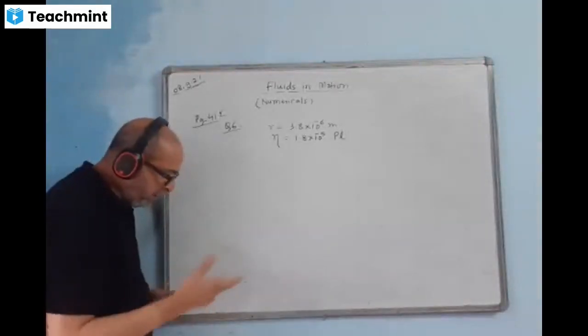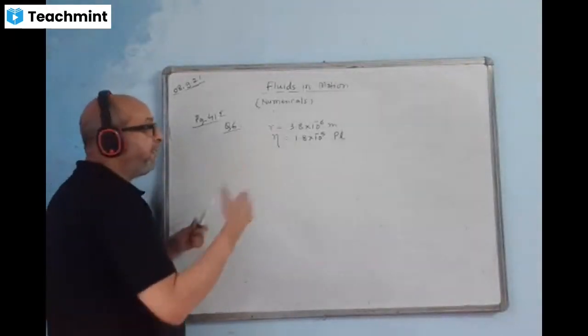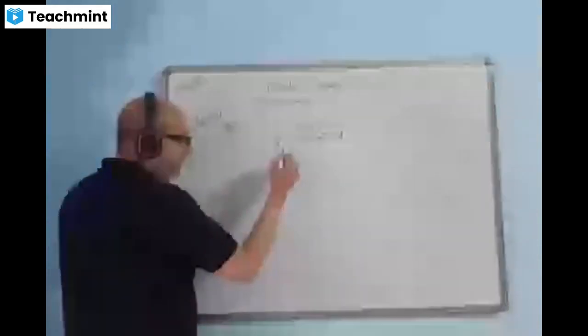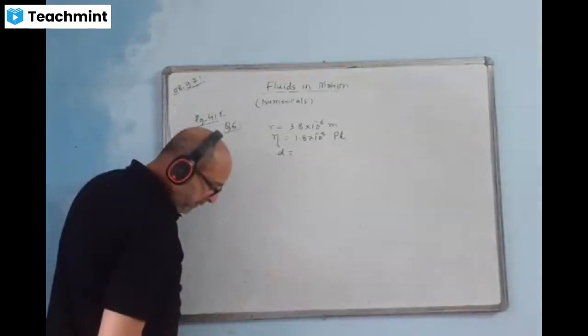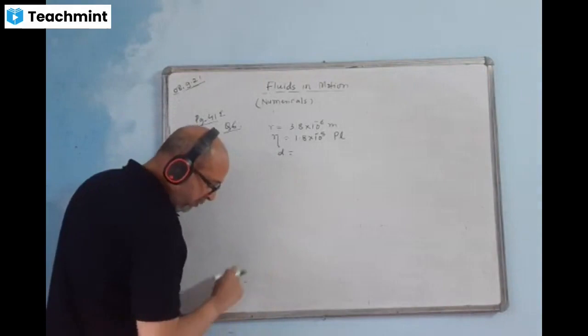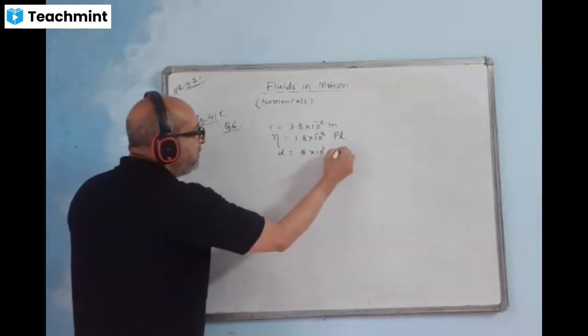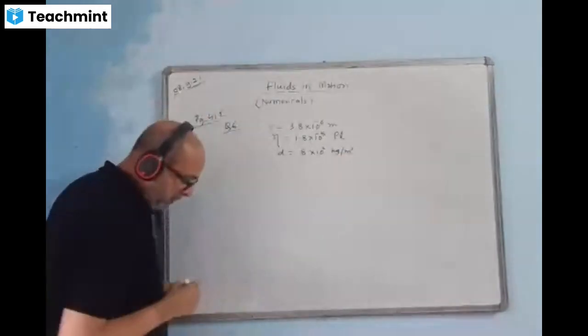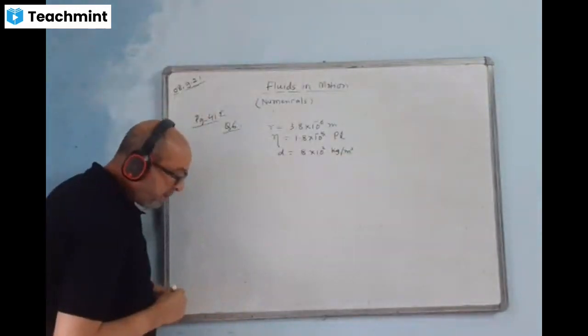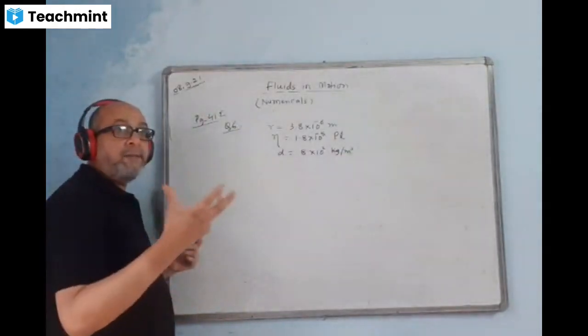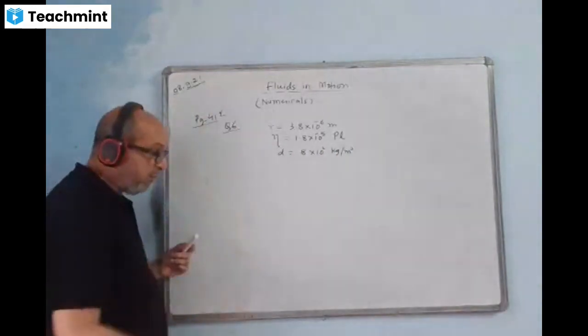Given the density of the oil, not the density of the medium, the density of the oil D is given: 8 into 10 to the power of 2 kg per meter cube, and the density of the air may be neglected. Air is the medium in which the oil drop is falling.